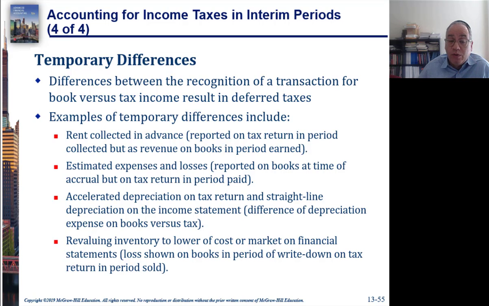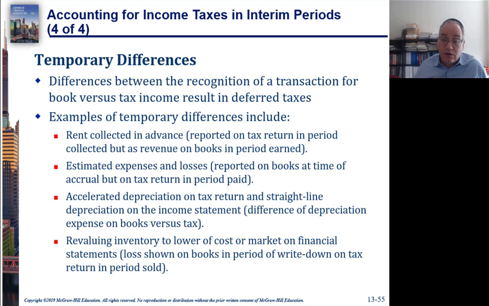What we will have to focus on, though, is temporary differences. These would be differences between recognition of a transaction for book versus tax income that result in deferred taxes. And we do have to record deferred taxes in an interim period.